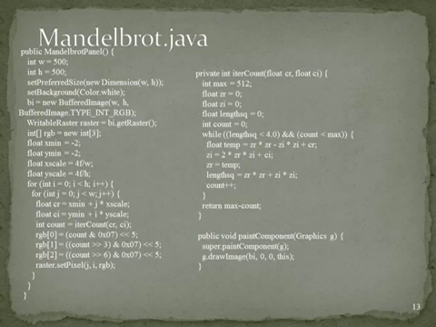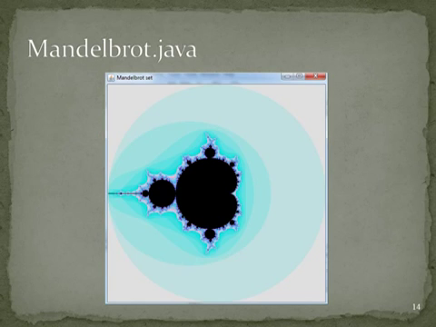So the paintComponent draws the completed image to the Mandelbrot panel, a subclass of JPanel. Because of the large number of calculations required in generating the Mandelbrot image, it may take a while for the image to appear on the window. So here is the Mandelbrot set colored with the number of iterations.